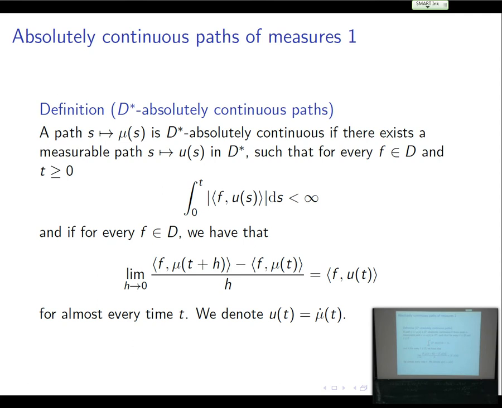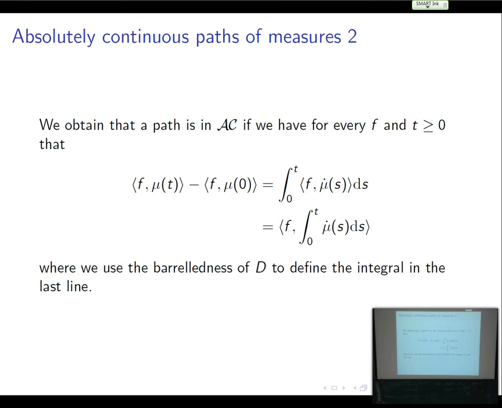And most importantly, if I differentiate this difference, where here I have these probability measures, I actually get as a result this element in D star. So this must hold for almost every t. And then of course it's justified to say that mu dot t is actually the derivative of mu t. So that's the setup. Okay.